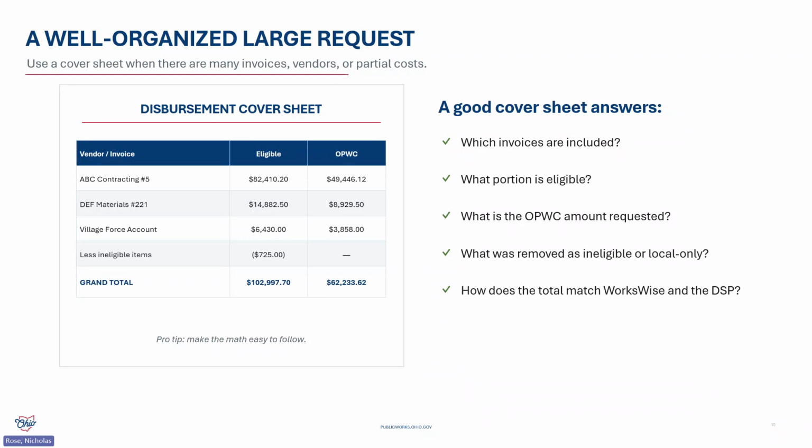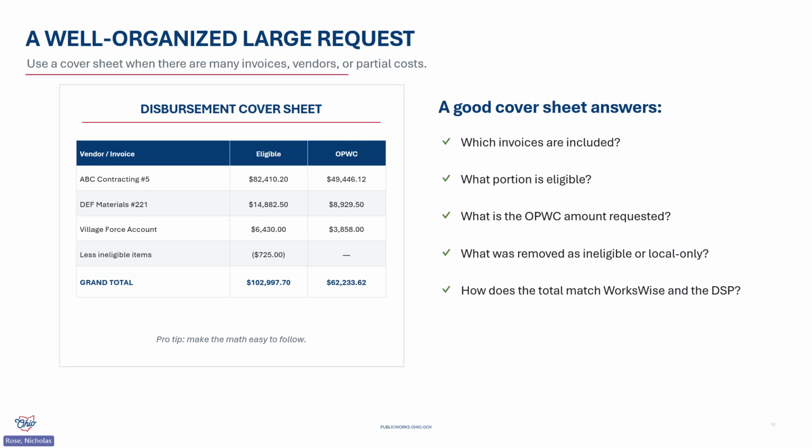The cover sheet should identify what's included, the eligible amount, the OPWC amount, and anything that was removed as ineligible. The grand total at the bottom should tie directly to the request in WorksWise, and the OPWC amount on the disbursement signature page. You want to think of the cover sheet as a roadmap for your invoices. It lets the reviewers see the structure of the request before we get into reviewing a stack. We just need to see how all of those invoice totals create the final total that was entered into WorksWise.